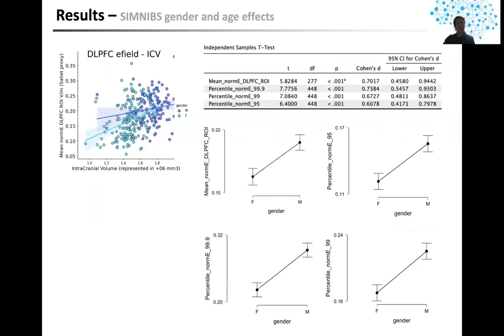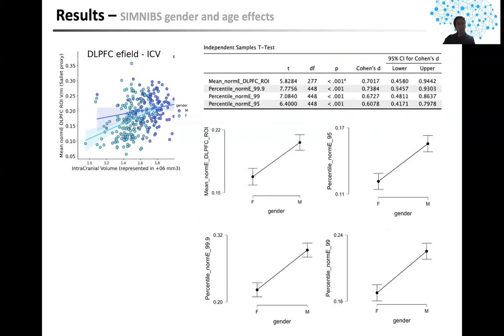The results. We found a remarkable effect of gender on the E fields in the DLPFC region of interest. The effect sizes are moderate, but the sample is really large with 450 subjects.